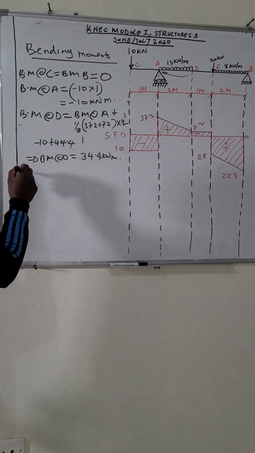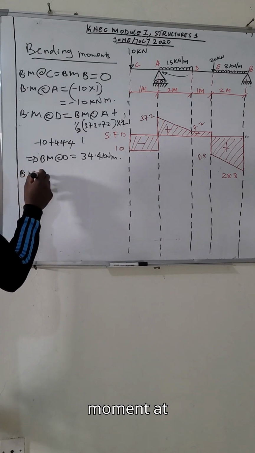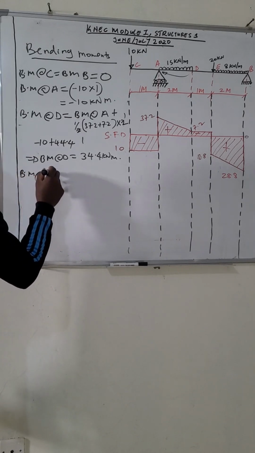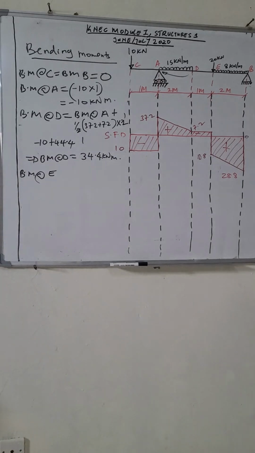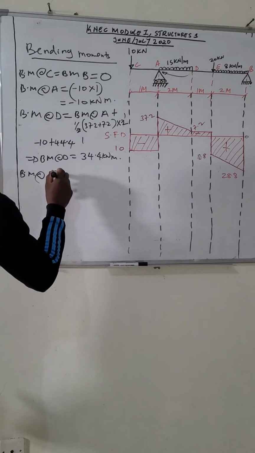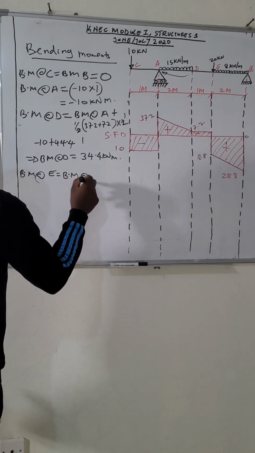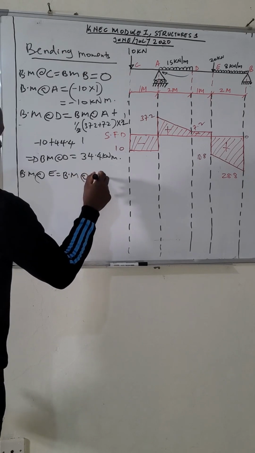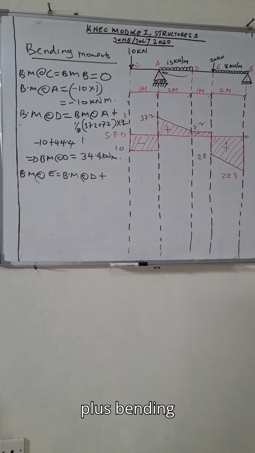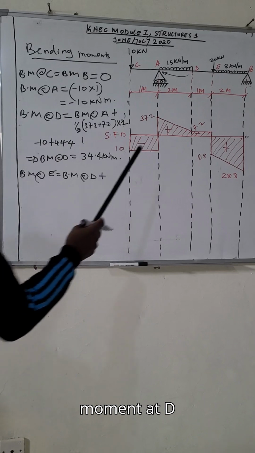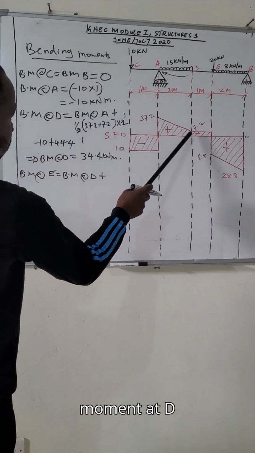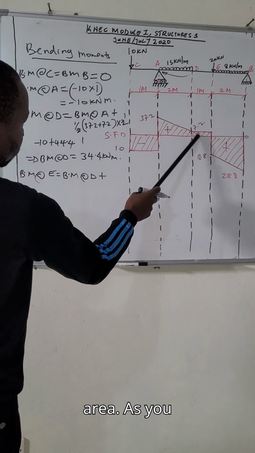Bending moment at E. At E, it will be the bending moment at D plus this area.